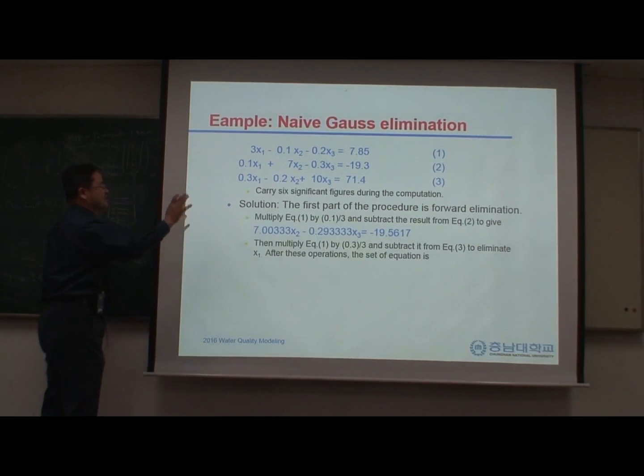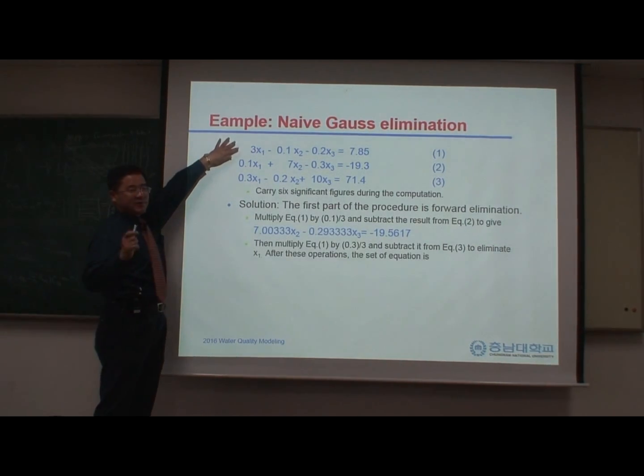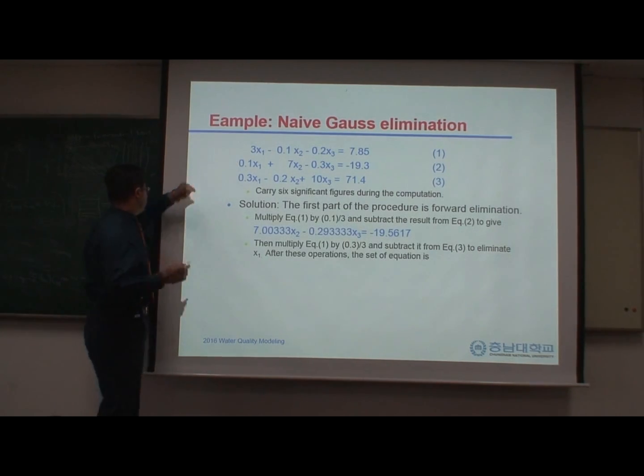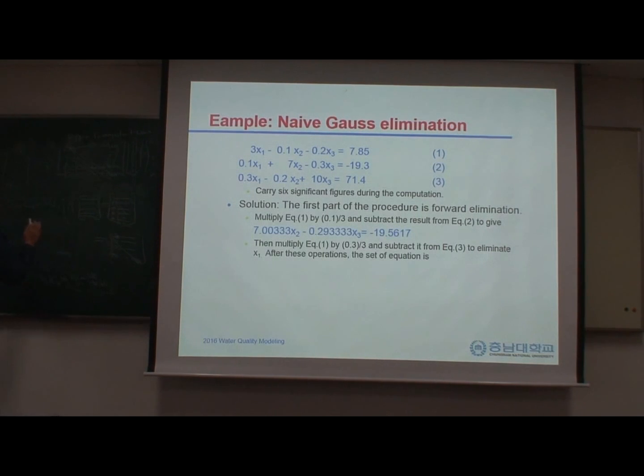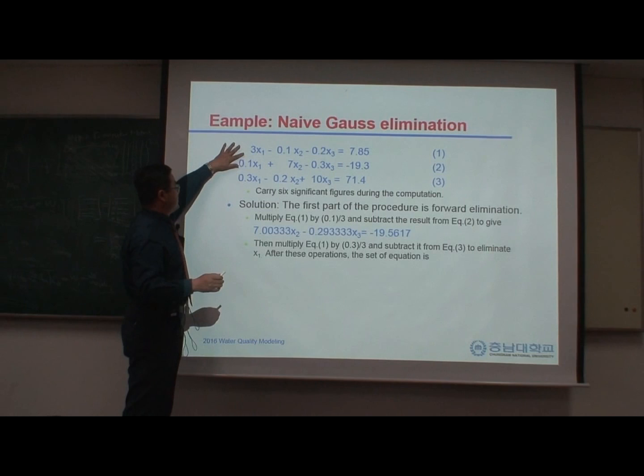And in here, they use a little different ways. They use a different method, but the principle is the same, and the result should be the same too. And they use row 1 to reduce row 2. In other words, I said in here I could multiply 3 divided by 0.1 to reduce this one.